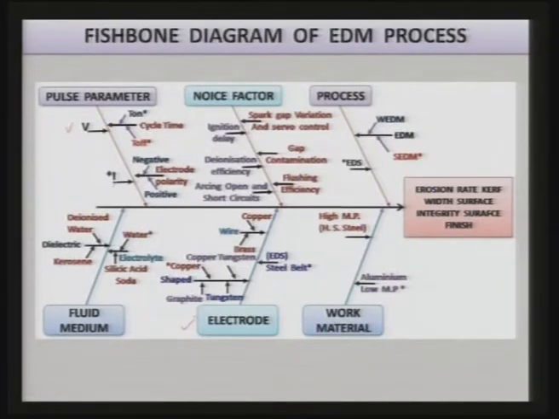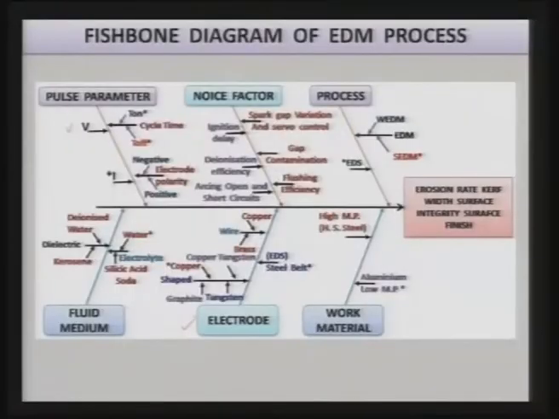You can use copper as the electrode material, and when you are using wire EDM, as we are going to discuss shortly, there you can use copper wire as the electrode. Also you can use copper tungsten as the material for the electrode, that is the tool.